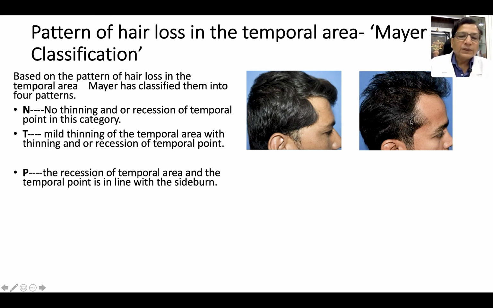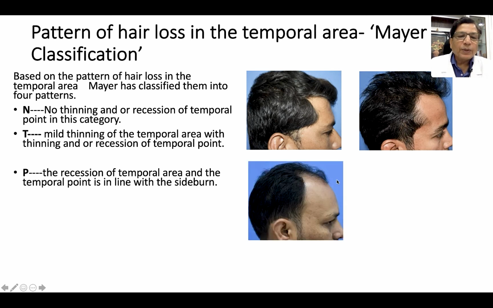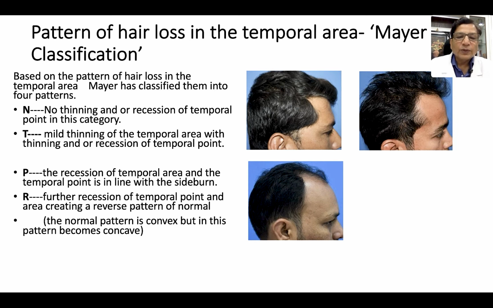Then the P is the recession of temporal area and the temporal point is in the line of sideburn. Let's understand this. This was like this, but it has receded, and the anterior temporal line or edge or fringe is almost lying in the line of anterior border of the sideburn. So this is called the P. Then there can be further recession of temporal point and the area, creating a reverse pattern of the normal.